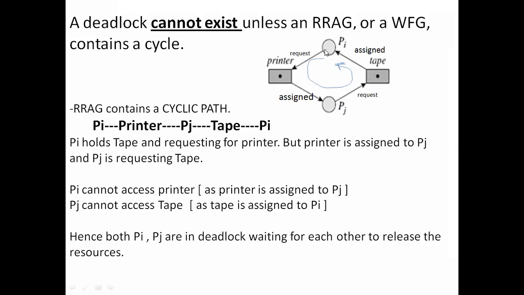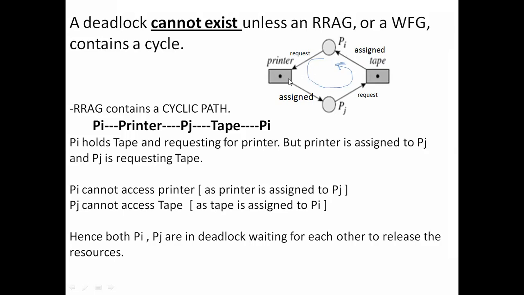Okay, so if we see this particular edge, the process Pi is requesting the printer, even though the process Pi is assigned a resource called the tape drive. So this process Pi is requesting the printer even though it is holding the tape drive with it.